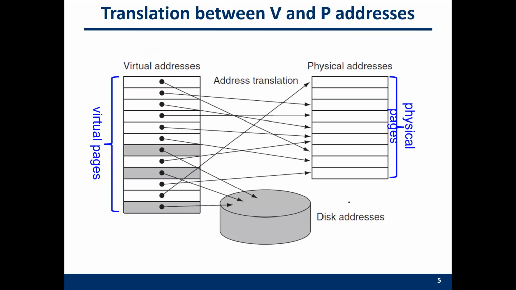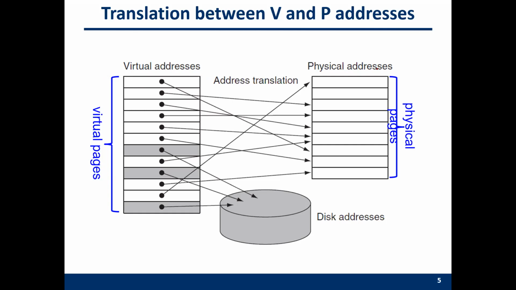This figure shows the structure of virtual memory. For example, these are the virtual memories, and these are the physical memories. You can see the physical memory is actually smaller than the virtual memory. The virtual memory has multiple blocks, and each row indicates one block, a so-called page.